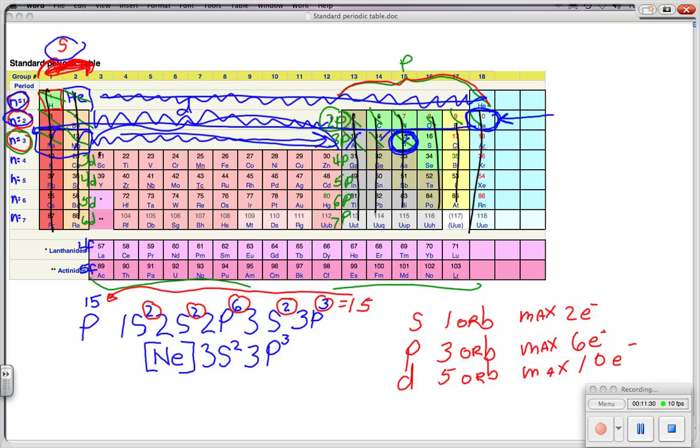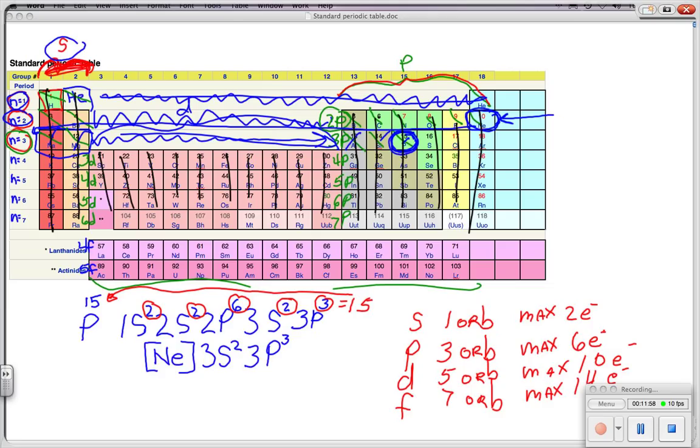See how that works. 1, 2, 3, 4, 5, 6, 7, 8, 9, 10. The last sublevel is the F. They have 7 orbitals. That means you're going to be able to put a maximum of 14 electrons in there.